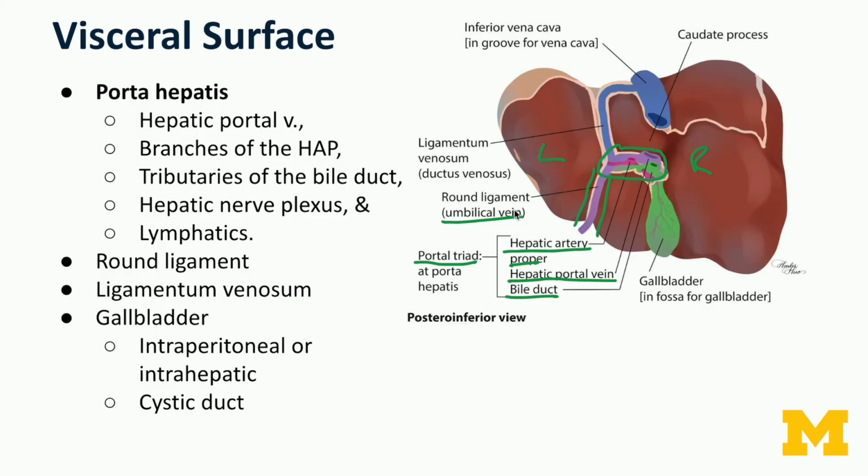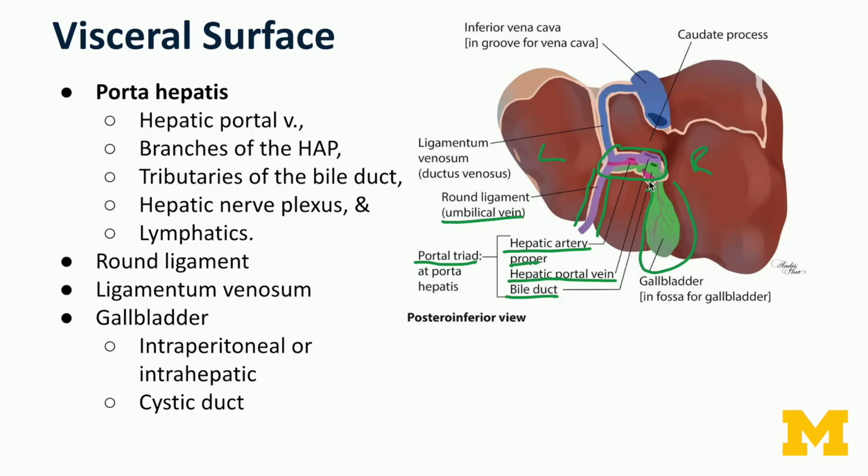And we can also see an association with this region on the visceral surface, the gallbladder. The gallbladder may either be intraperitoneal, so it can occupy space in that peritoneal cavity, or it can be intrahepatic. So sometimes a gallbladder can be completely surrounded by the parenchyma of the liver as well.